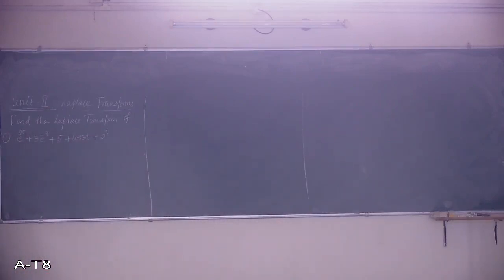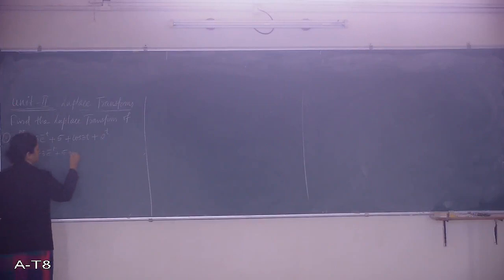Now, first we apply the Laplace transform to this entire function, since we are asked to find the Laplace transform. So we start with the Laplace transform of the given function, that is e to the power 2t plus 3 into e to the power minus t plus 5 plus cos of 3t plus 2 into t.